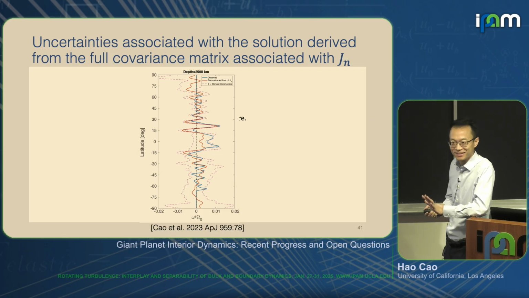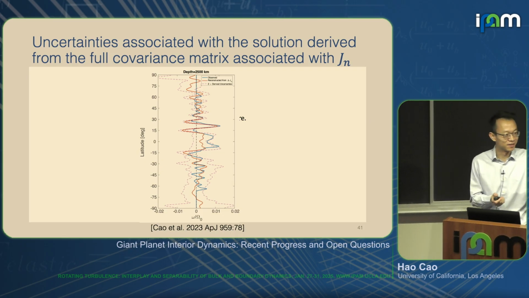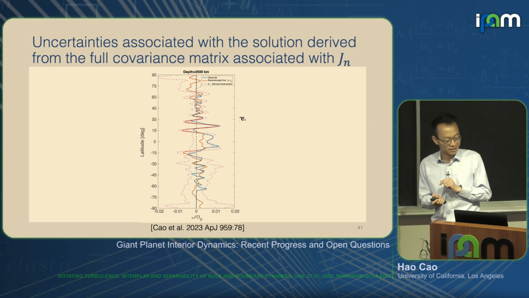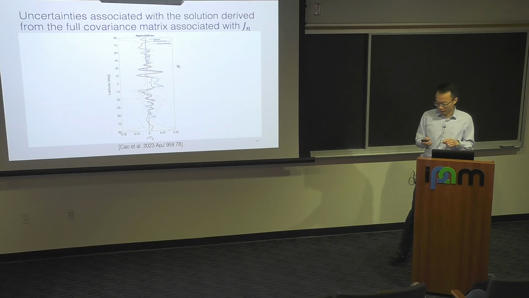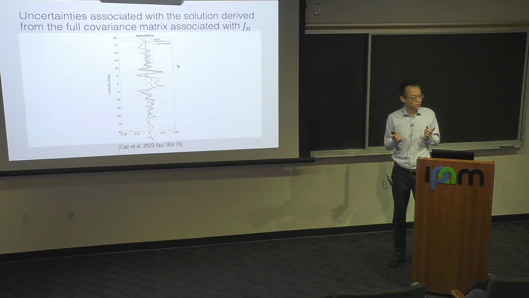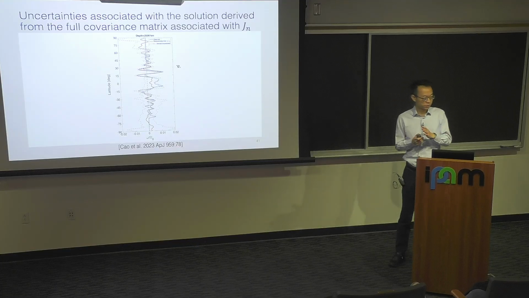Why is that, right? If you have all the even modes, J2, J4, or J6, why do you get the asymmetrical profile in the speed? Well, we have odd J's as well. You also have J1. Yes, we have no J1, we start with J3.